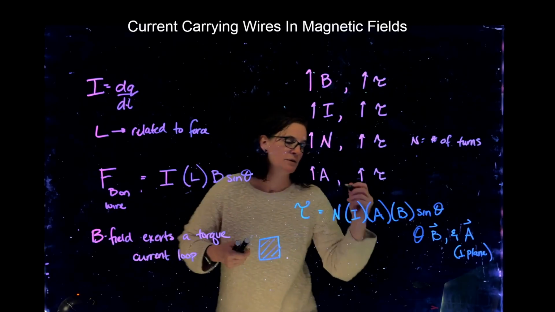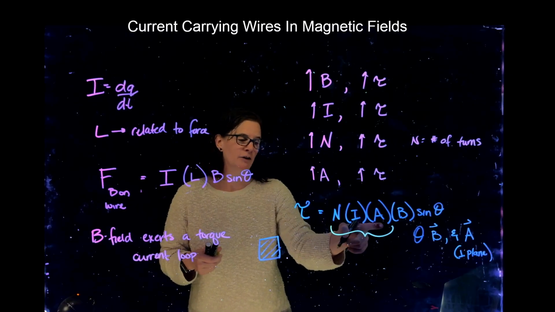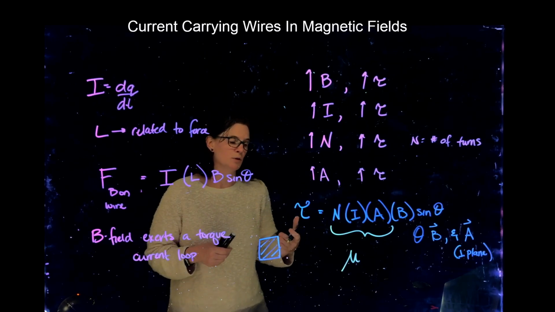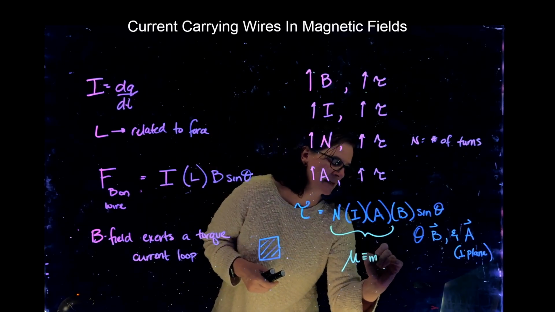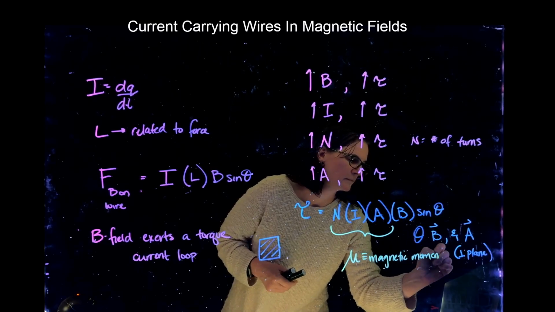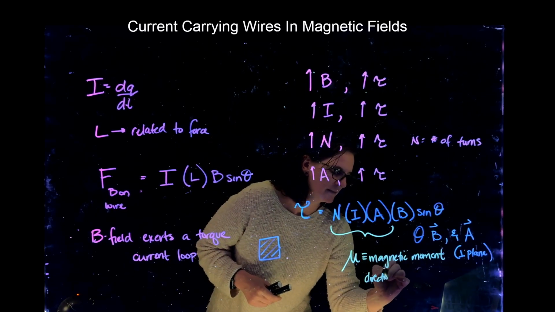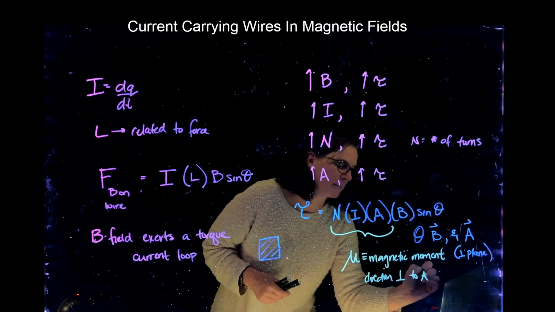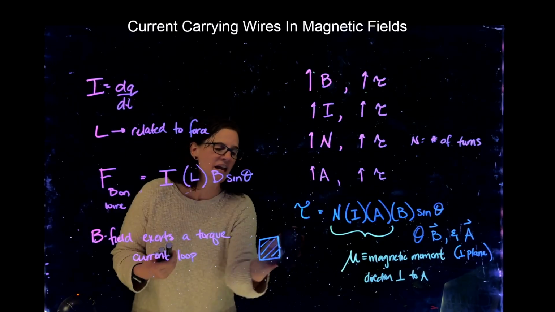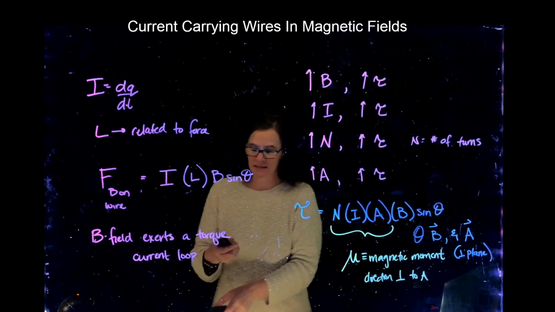These three values together, the number of turns, the current, and the area, are what we call the magnetic moment mu, lowercase mu. So this is defined as the magnetic moment. And its direction, again, is perpendicular to the area plane, right? So this leads to the equation for torque in our vector format, because mu is a vector and B is a vector.